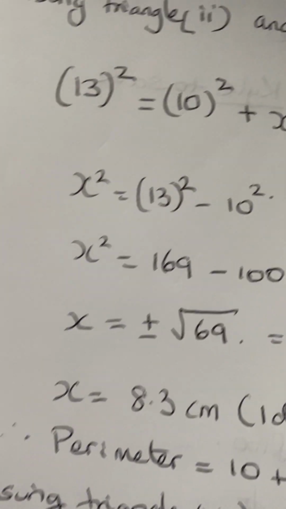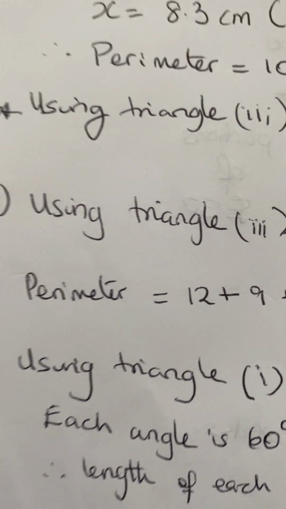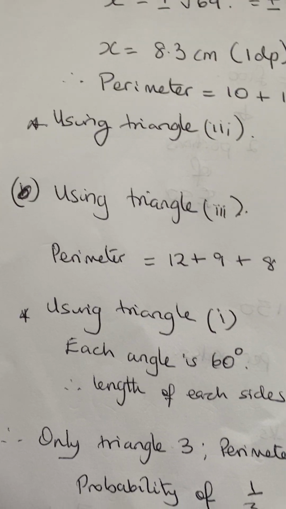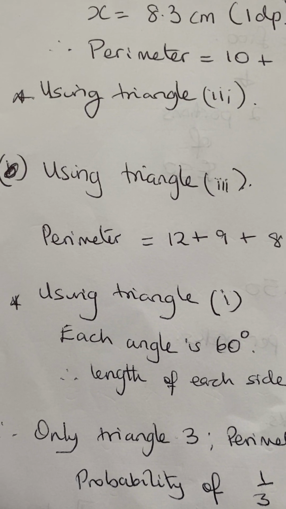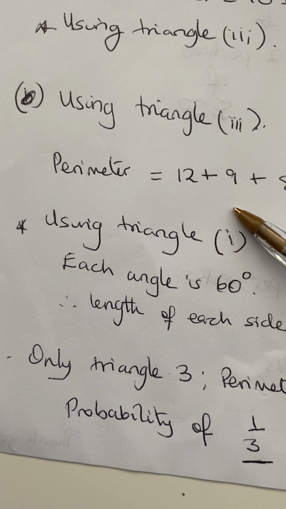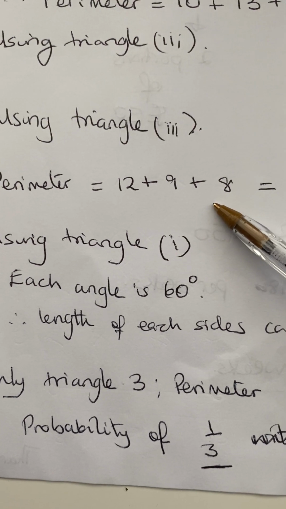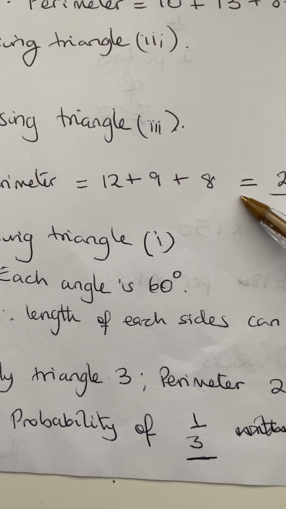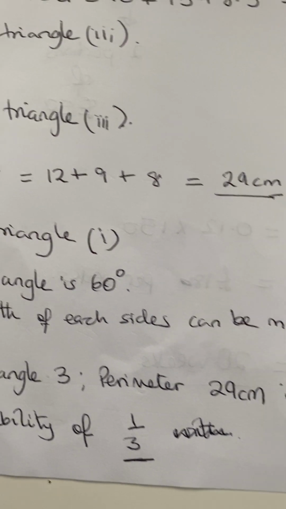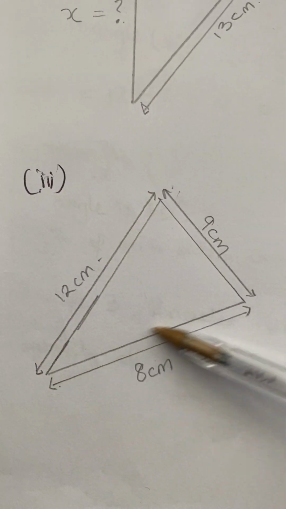That is the second triangle. Now we have more information for the third triangle, so we are going to use that to also find the perimeter. The perimeter will be 12 plus 9 plus 8, which is equal to 29 centimeters for this third triangle here, because we know this side.